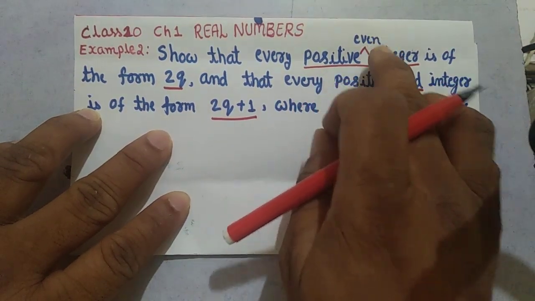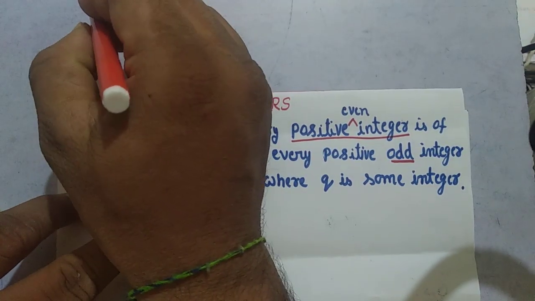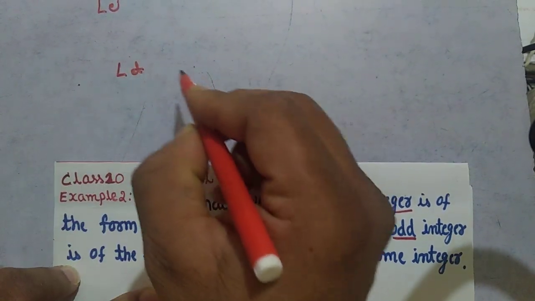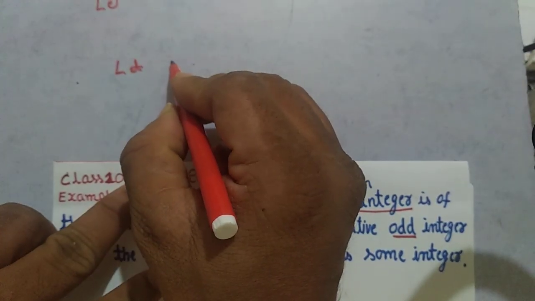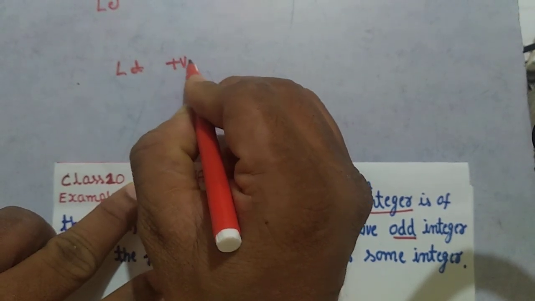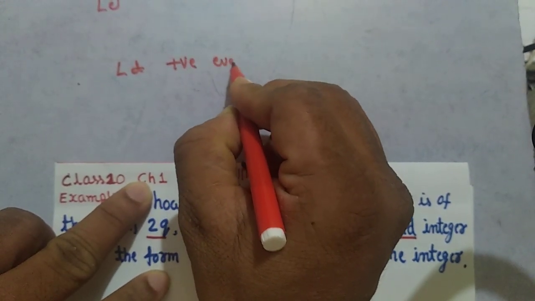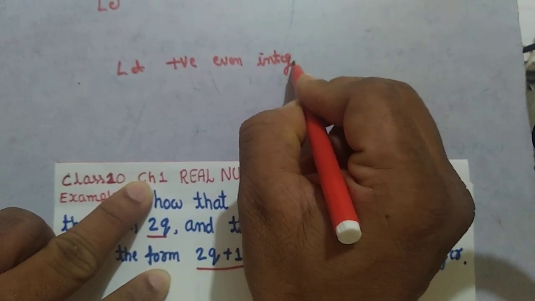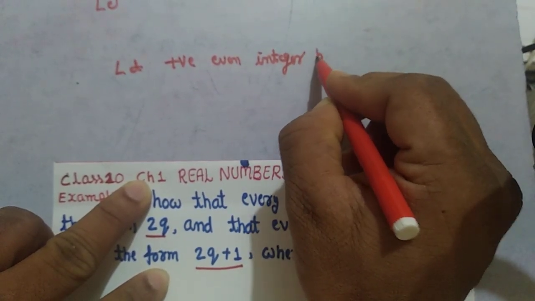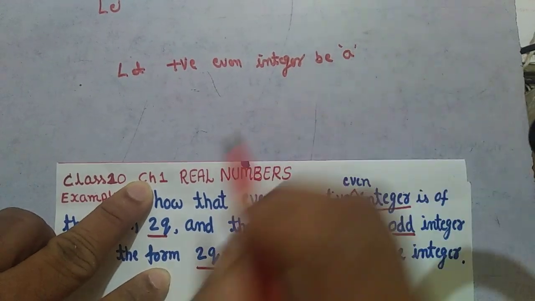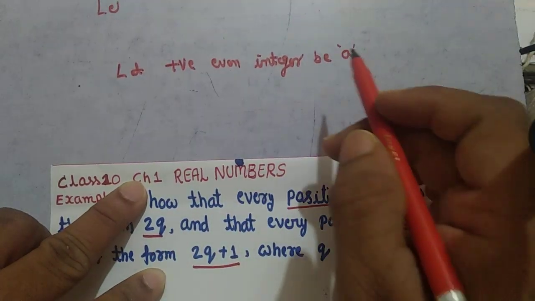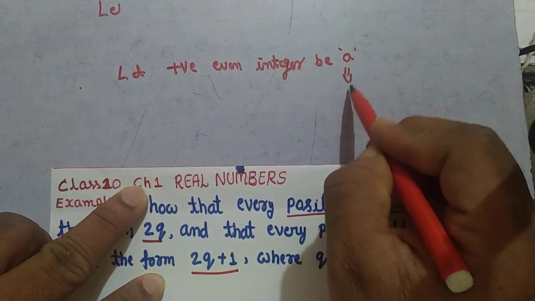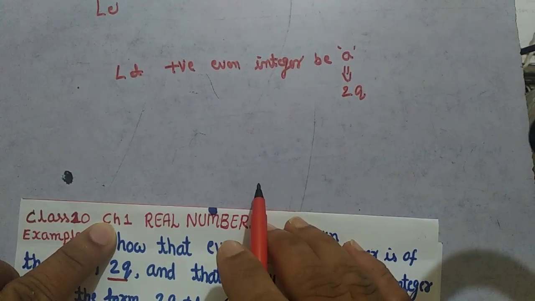Every even positive integer, right? So let that positive even integer be a. It should be in the form of 2q.